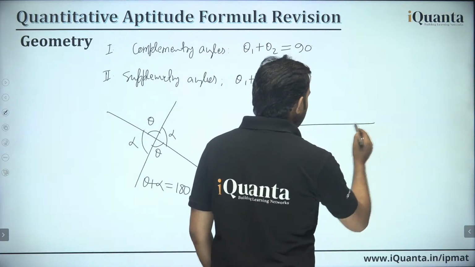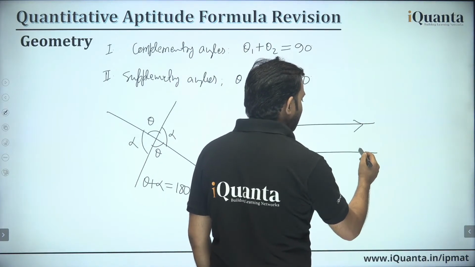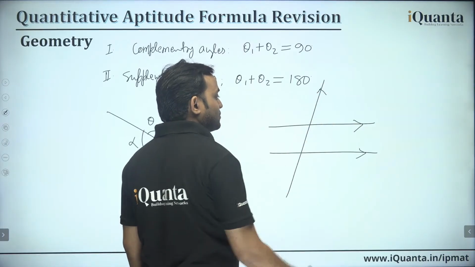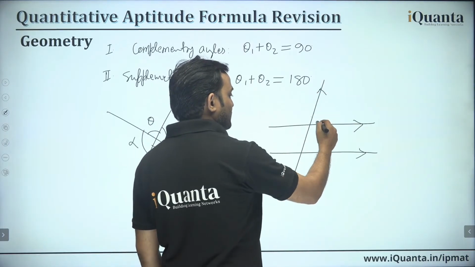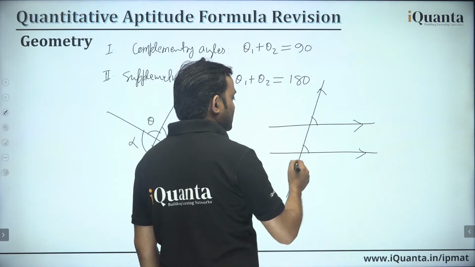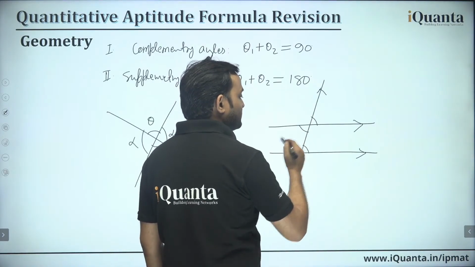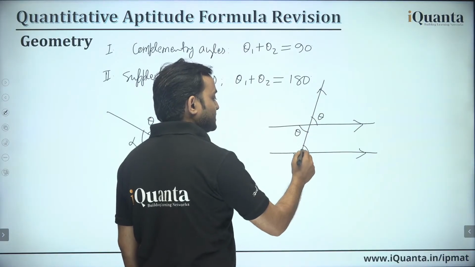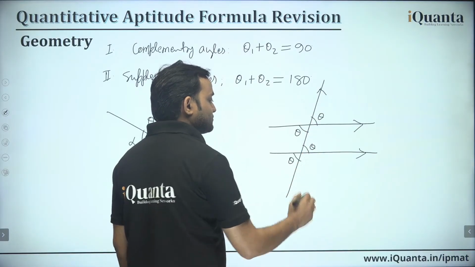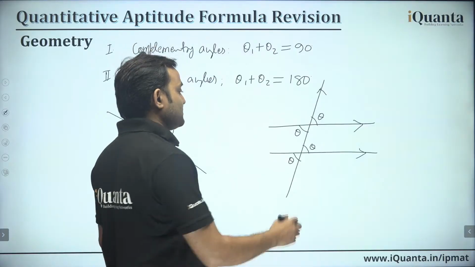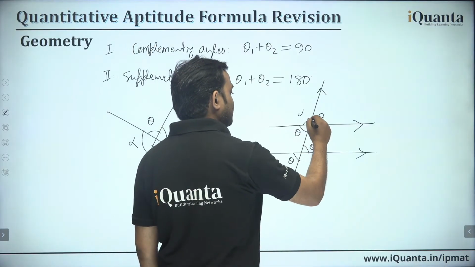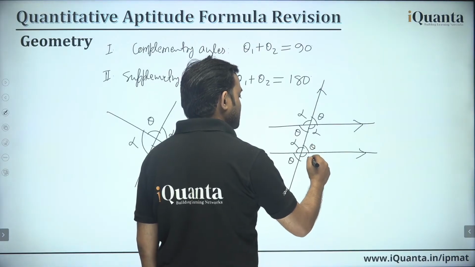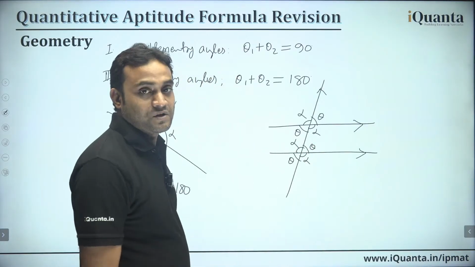Now when two parallel lines are there, and there is one transversal line, in that case all the acute angles will be equal. If this angle is theta, this angle will also be theta, this will be theta, and this will be theta. Similarly, if this angle is alpha, this angle will also be alpha. Then again, these two angles will also be alpha.